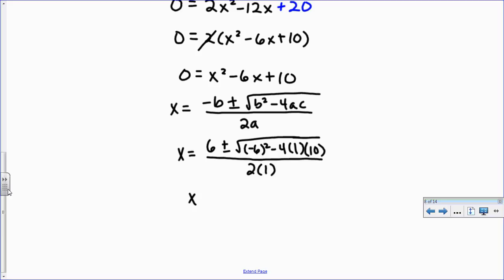So just calculate what's under the radical first, so the discriminant. Don't do it in 2 steps either. Just do negative 6 squared minus 4 times 1 times 10, all at one time. We get negative 4. So then, how do you square root a negative? It's imaginary, so we have no solution.